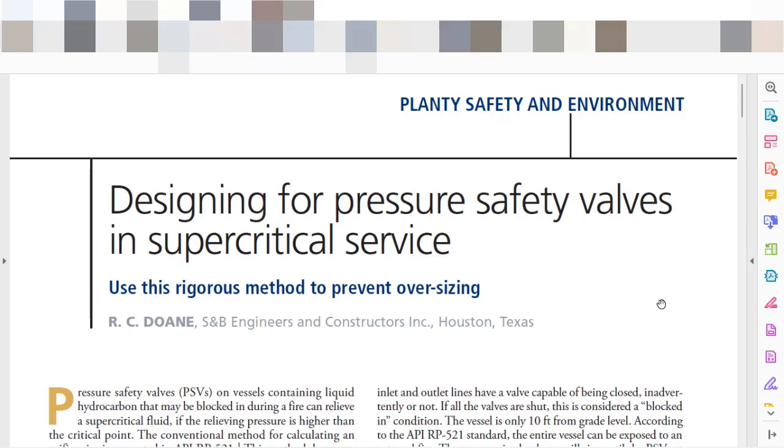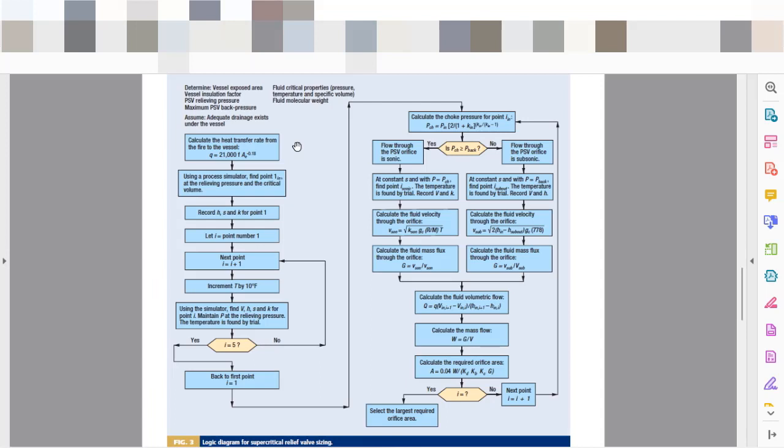In summary, Richard uses as the basis for his paper the work developed by Ryan. But instead of using equations of state to define the properties of the fluid, Richard recommends the use of process simulation software.